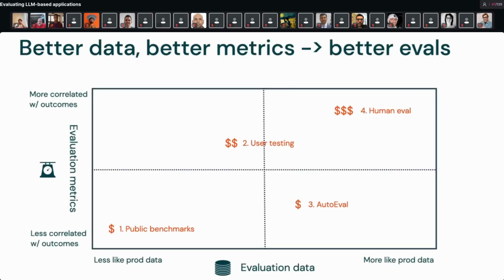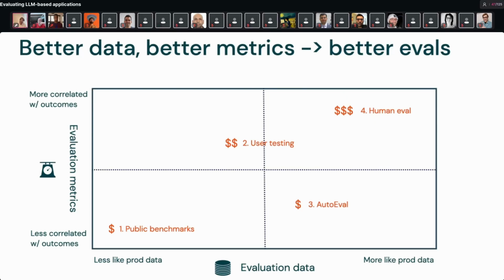So one of the key things to understand about this is that if our recipe for building language model evaluations involves picking data to evaluate on and then picking metrics to run on that data to compute the number for the evaluation, then better evaluations correspond to having data that is better and metrics that are better. What does it mean for data to be better?